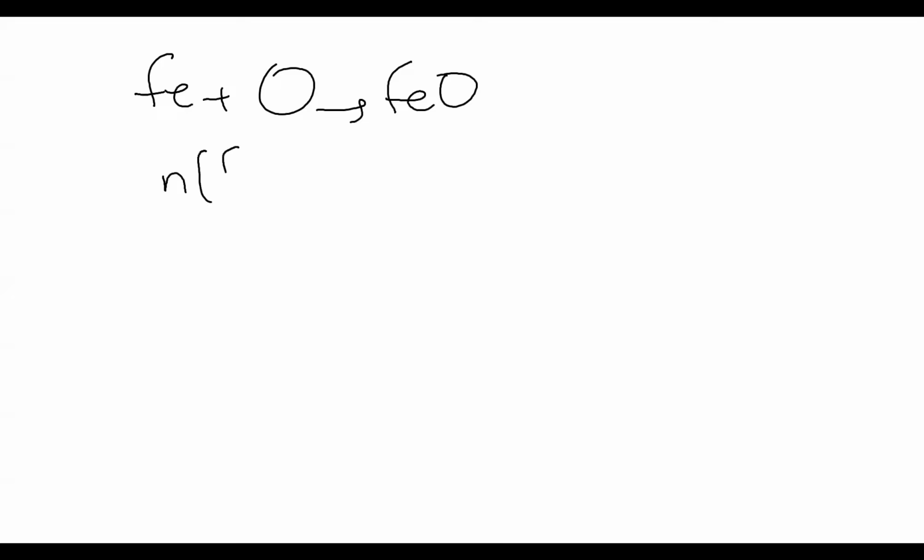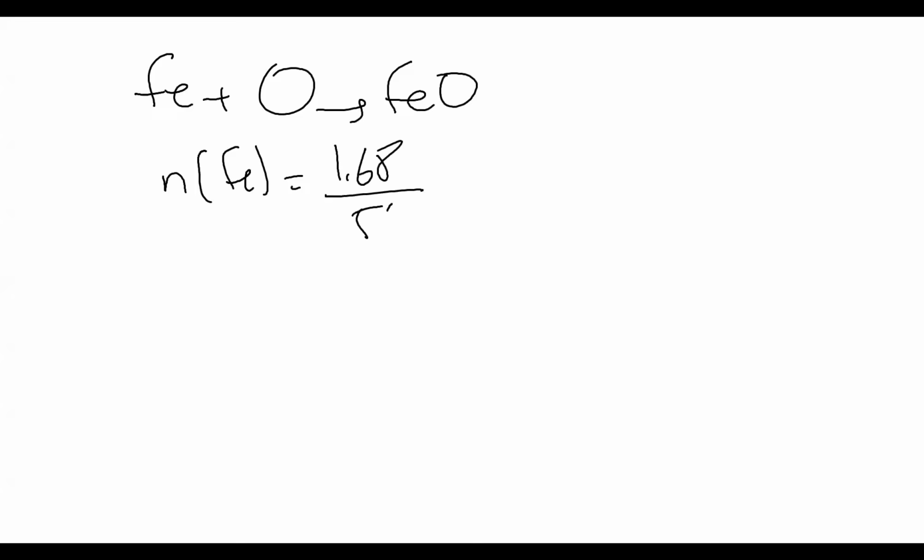Okay, so the whiteboard. So Fe: number of moles of Fe equals mass over molar mass equals 1.68 over 56.